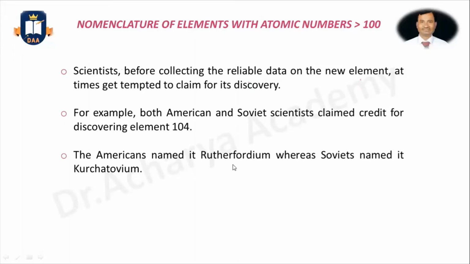And Americans named this Rutherfordium, whereas the Soviet name is Kurchatovium. So this type of claiming from different scientists creates the problem of how to name the elements which are discovered.